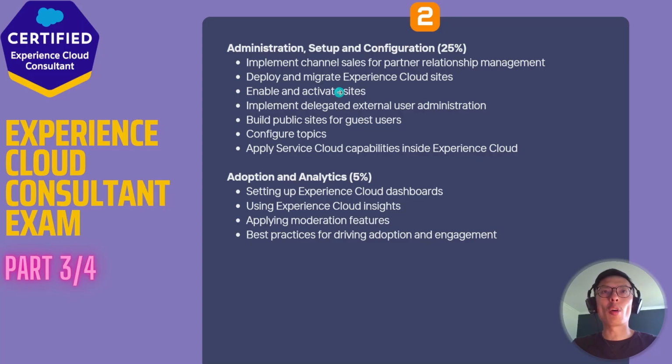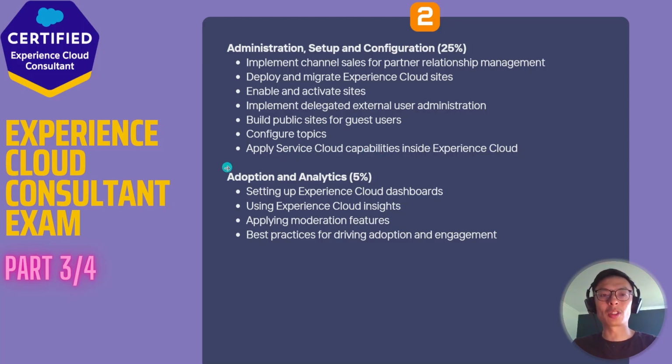In part three, we'll go over two key focus areas. We'll go over administration, setup, and configuration, which is worth a quarter of the exam. In here, we'll go over how to implement channel sales for partner relationship management. We'll talk about how we can deploy and migrate Experience Cloud sites, how to enable and activate sites, also how to implement dedicated external user administration, how to build public experiences for guest users, how to configure topics, and how to utilize Service Cloud capabilities inside Experience Cloud.